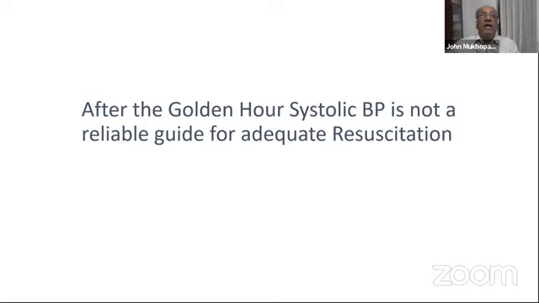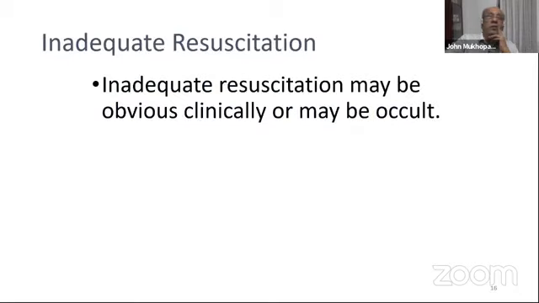Similarly, a pulse of 80 could be tachycardia for a young fit patient whose normal heart rate is only 60. So I think you need to really look beyond the normal clinical parameters to be able to diagnose whether the patient is getting adequately perfused.